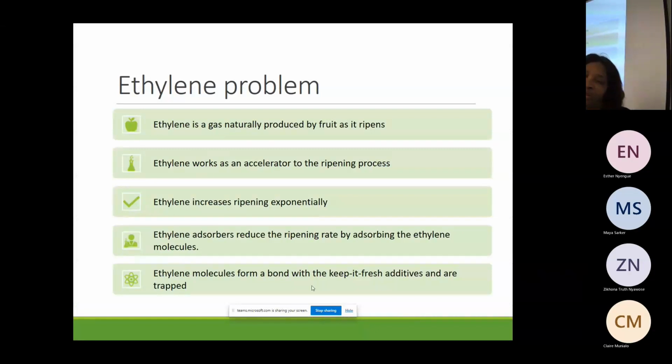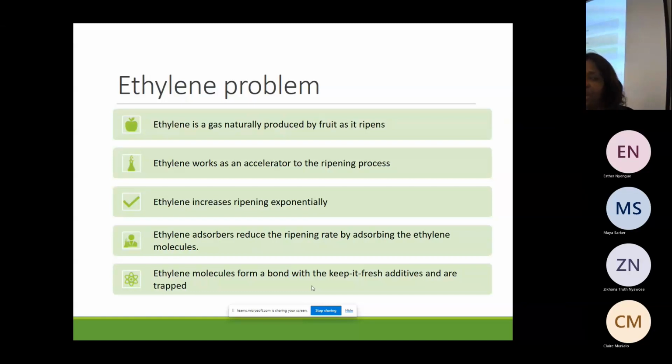But their main problem is ethylene, right? Ethylene in some vegetables is produced as part of the biochemical reactions that happen within a plant. Some plants do not produce much ethylene, but they absorb ethylene from the air, because there's a certain amount of ethylene in the air.